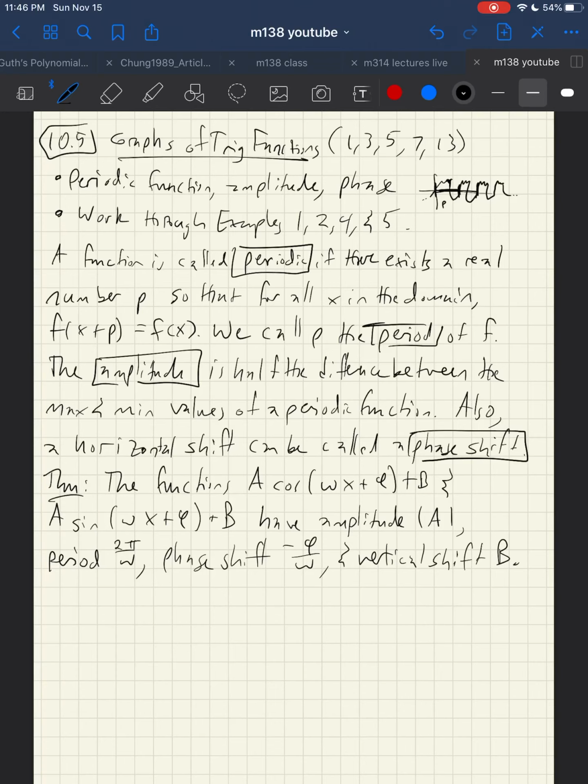And all of this is going to be just the same as we have done before for transformations of functions. The difference is that we're giving some names to some of these quantities.